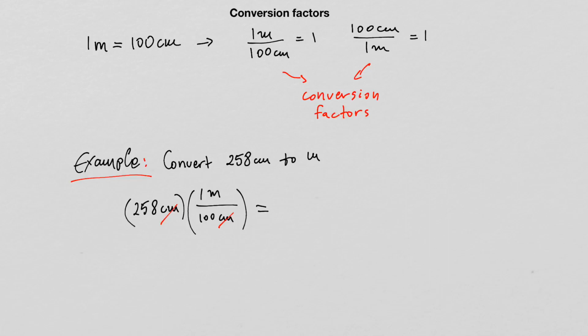And so what I have is 258 divided by 100, and this will be in meters. And so this is equal to 2.58 meters. So the same procedure can be applied for any kind of conversion, no matter what it is, as long as, again, a similar relationship is known and a conversion factor can be created.